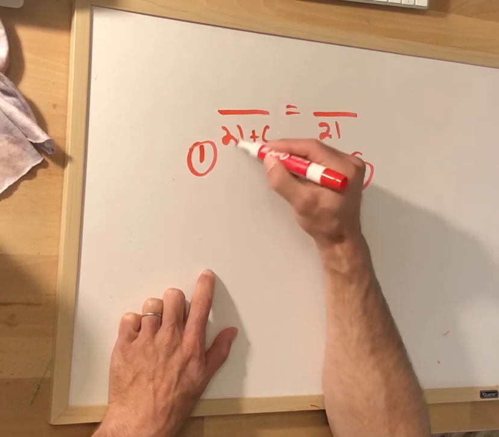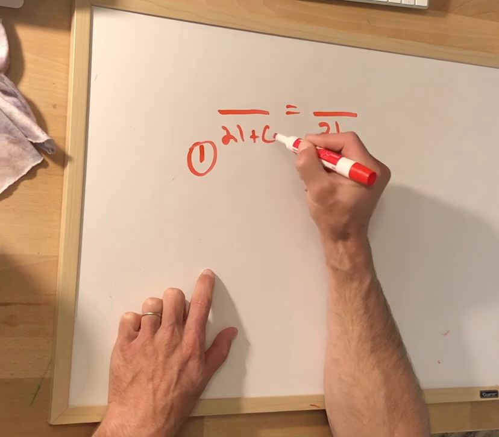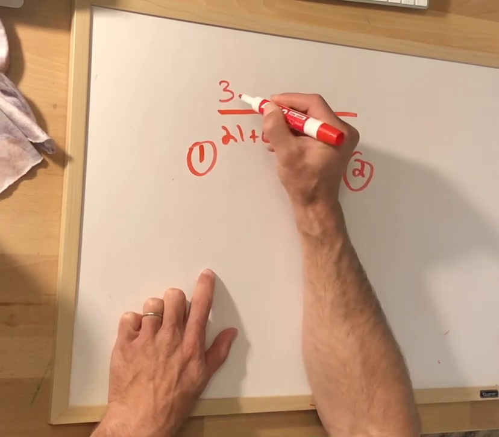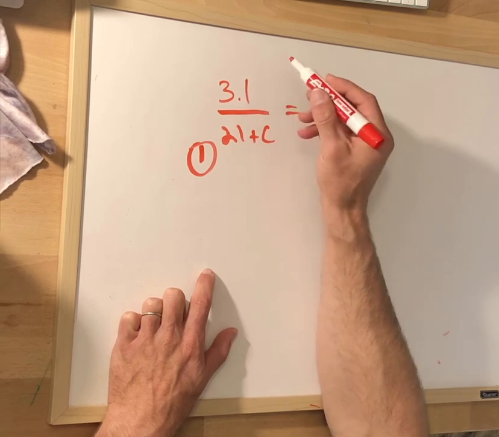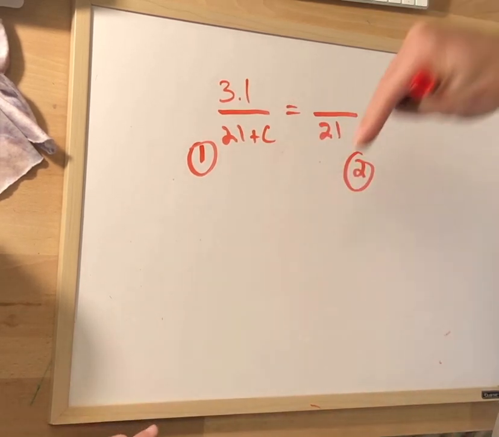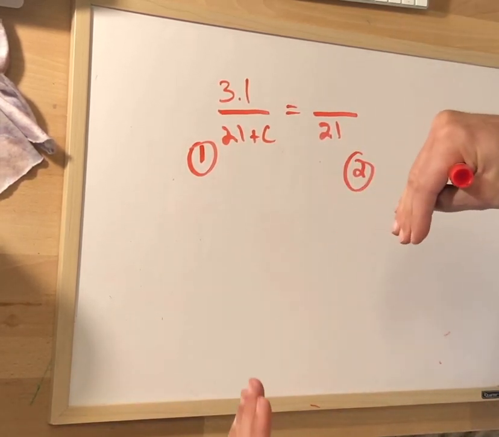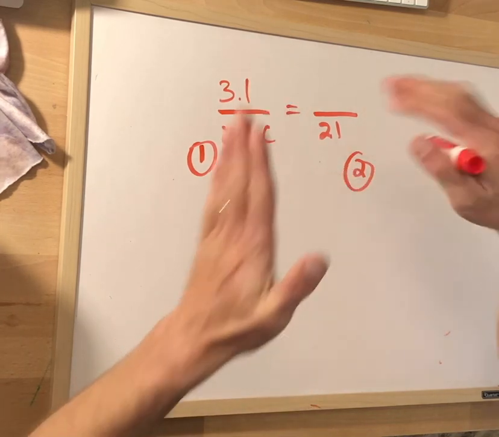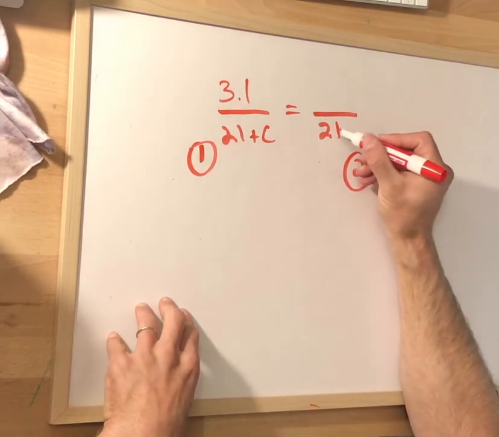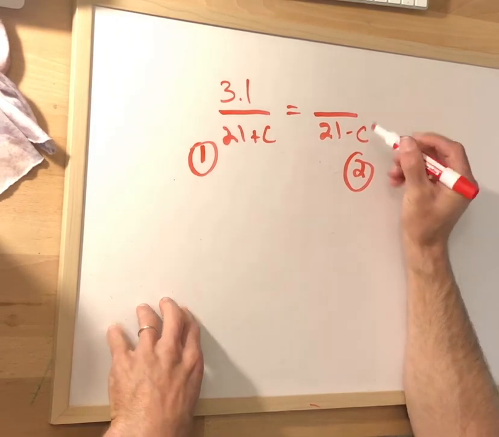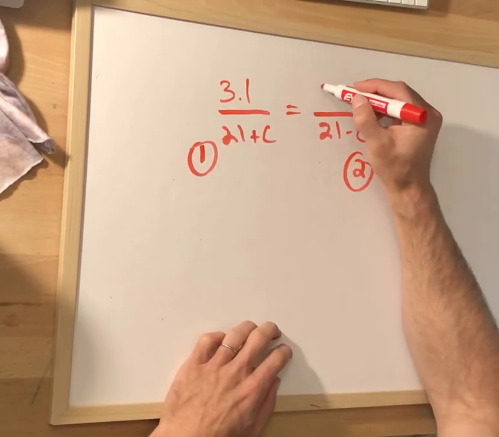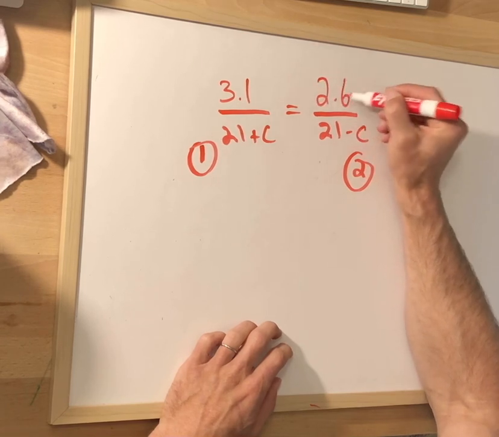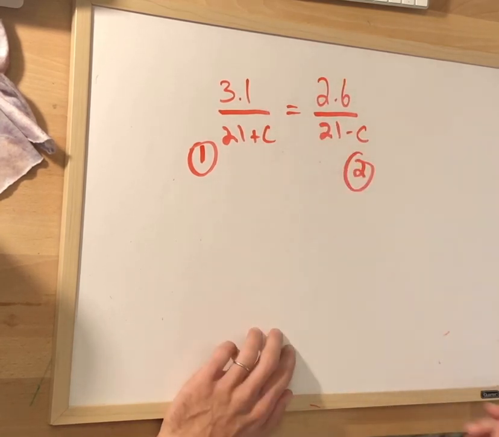If you're going with the current, which means plus, you're going 3.1 miles downstream because you're going with the current. When you're going with the current, it's pushing you down. But now this same boat in another river is actually going up the current. So it's 21 minus the current. And this boat going up the current is going 2.6 miles per hour. You just have to solve for C.